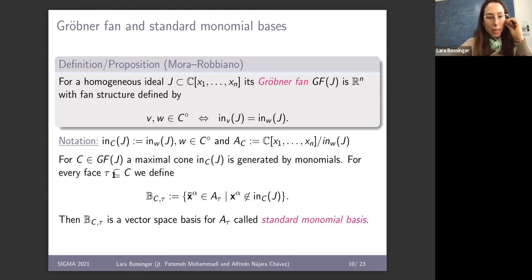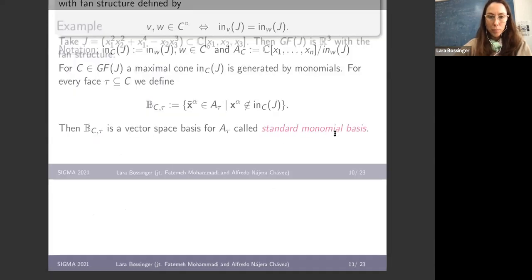And for every maximal cone, the standard monomial basis is a basis not only for the algebra A_C, the quotient by the monomial ideal, but also the algebra itself and all the algebras that I get from faces of the cone C. So these are all deformations of the algebra A, and as vector spaces they're all isomorphic with a basis given by the standard monomials.